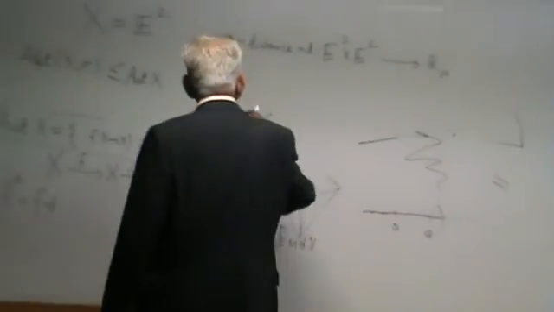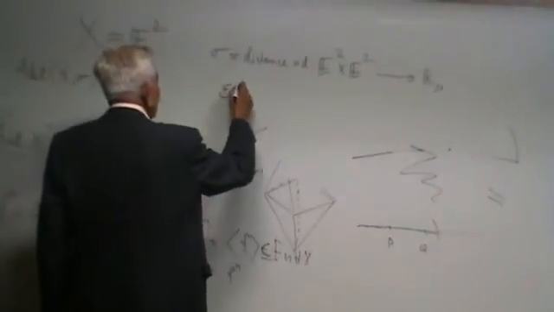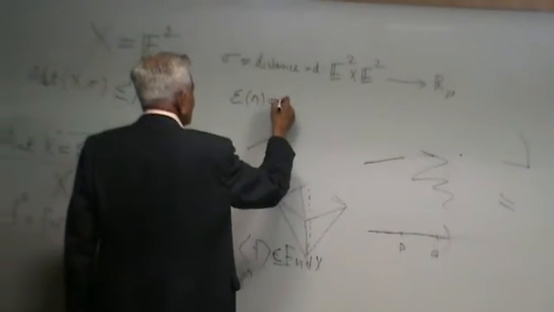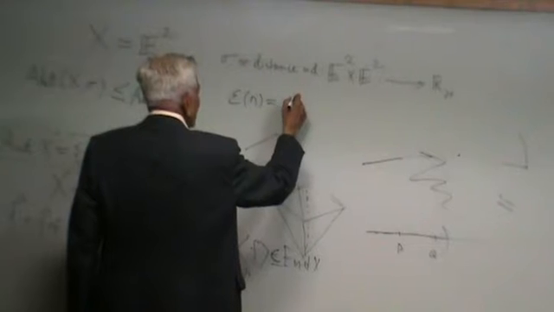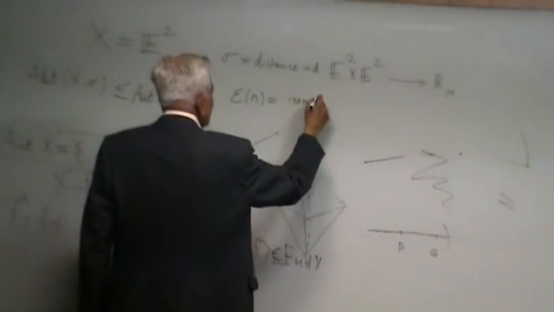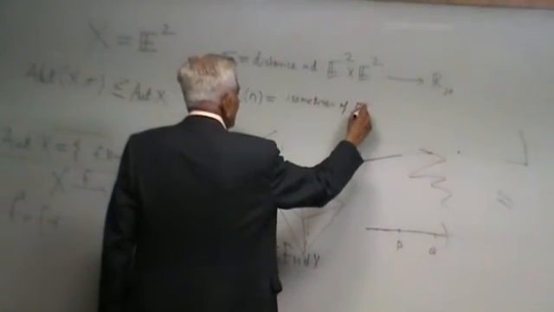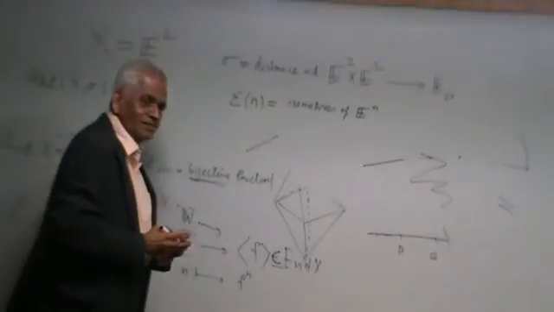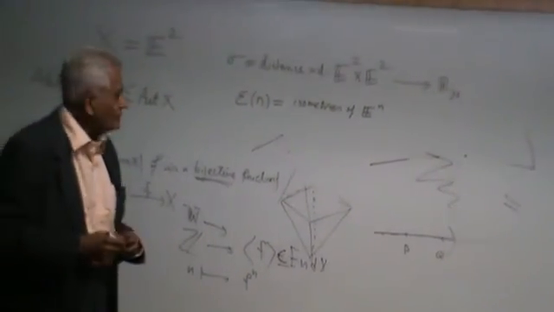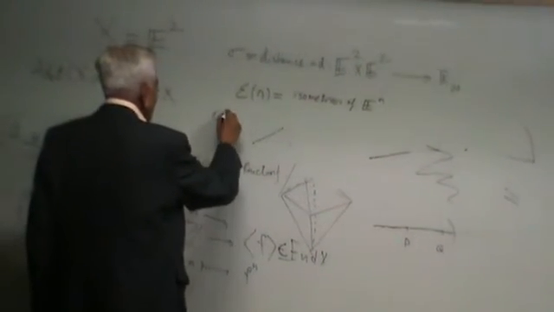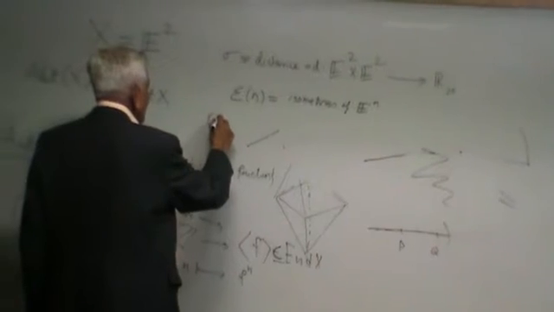So the isometries, similarly we can define n-dimensional space. So the isometries of E^n. First of all, we actually get E1 also.